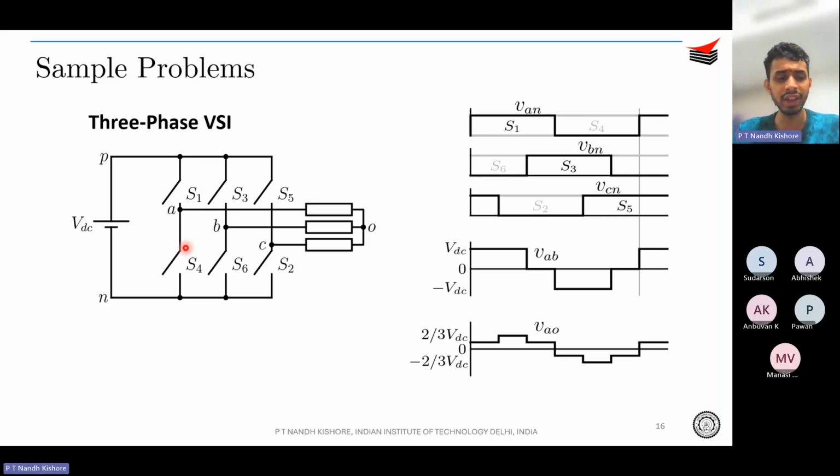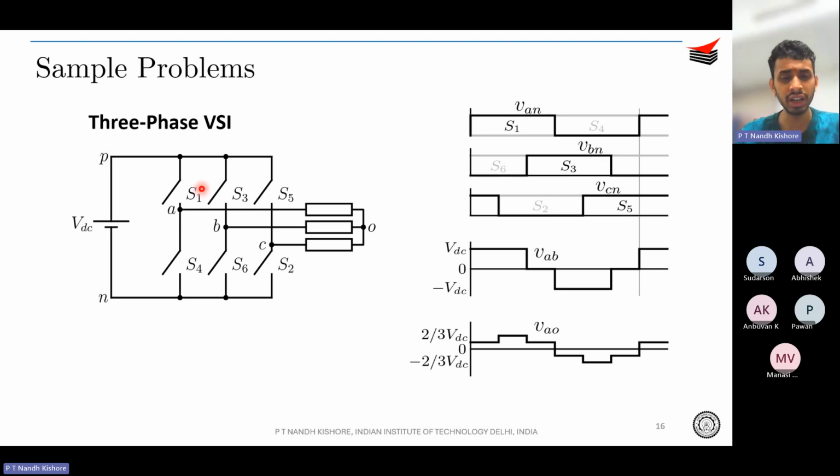And what are the three devices? The three devices can be split as two devices in the top leg and one device in the bottom leg, or two devices in the bottom leg and one device in the top leg. It can be either of that. Okay, it can be in any combination.